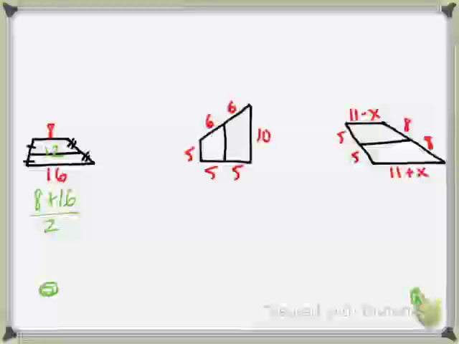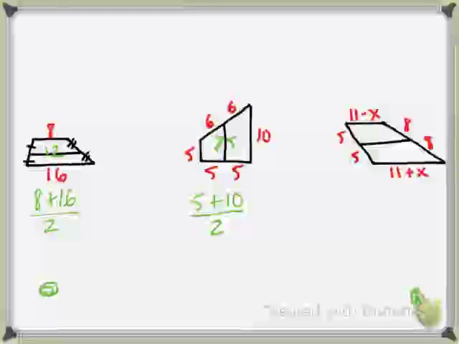So for the second one, I want to do 5 plus 10, the parallel sides, divided by 2. 15 divided by 2 is 7.5. Or you could leave it at 15 over 2, which I think is a totally great answer. Okay, so don't feel like you have to turn it into a decimal or a mixed number.